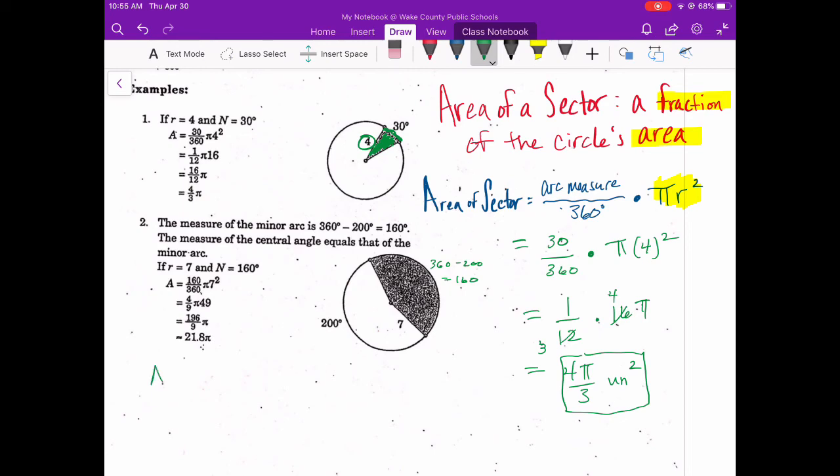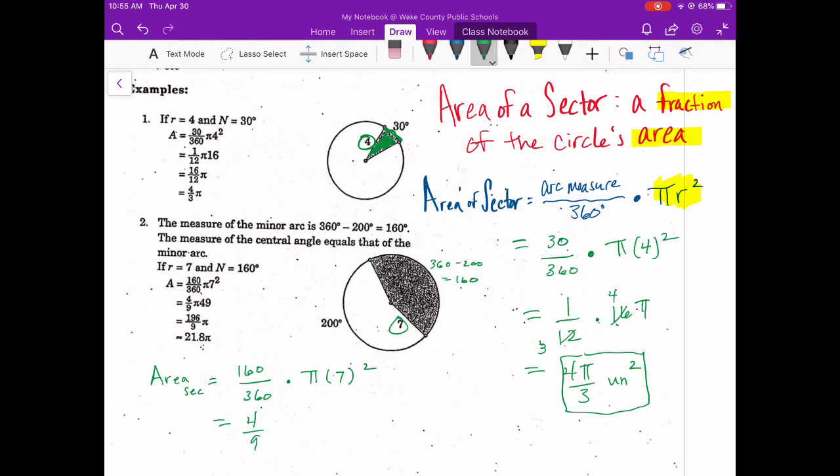So my area of my sector is going to be the fraction of 160 out of 360 times the area, pi times 7, my radius, squared. All right. 160 out of 360 is going to reduce to 80 over 180, 40 over 90, 4 over 9.